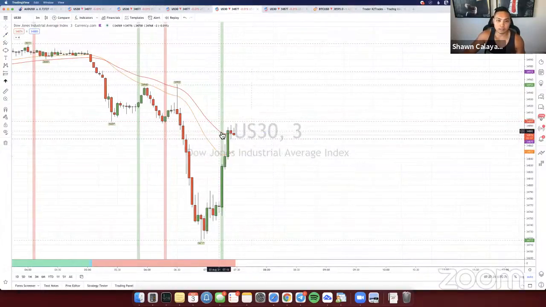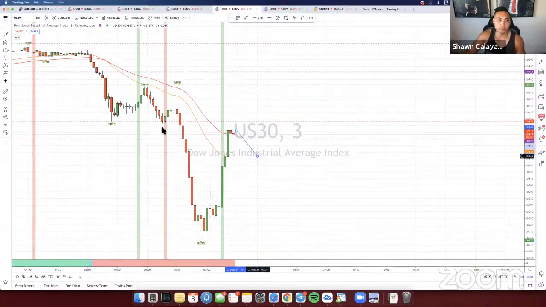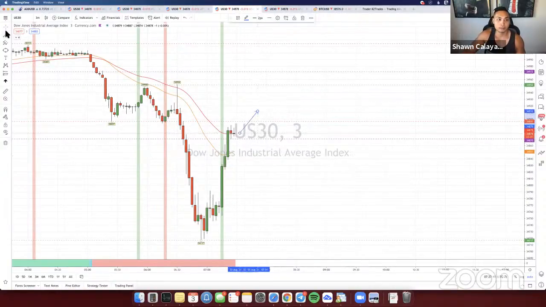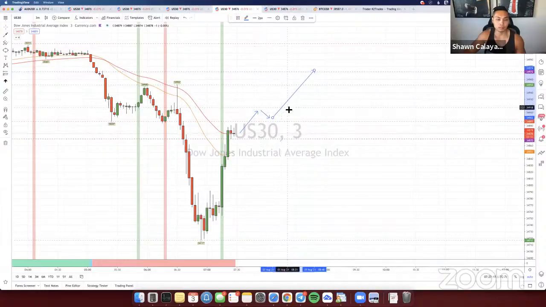Price is currently within the Asia low and the London low. So if this ends up swinging below here with the sell signal, then we could probably expect it to come back down. Vice versa, if price ends up swinging above here, retesting, and then coming back up, then it might be shifting to a buy. So price is in a key area right now.